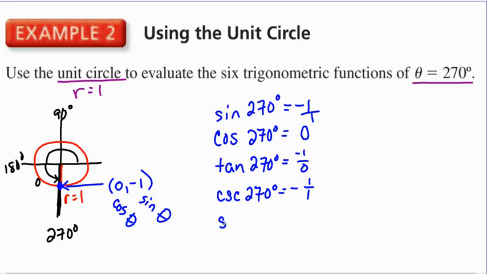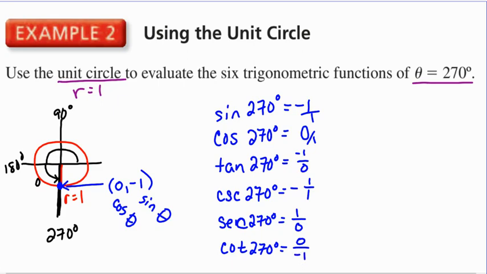And then secant of 270 degrees is going to be the reciprocal of cosine. So instead of 0 over 1, it's going to be 1 over 0. And then the reciprocal of tangent is cotangent of 270 degrees, which is the reciprocal of negative 1 over 0, which is 0 over negative 1.